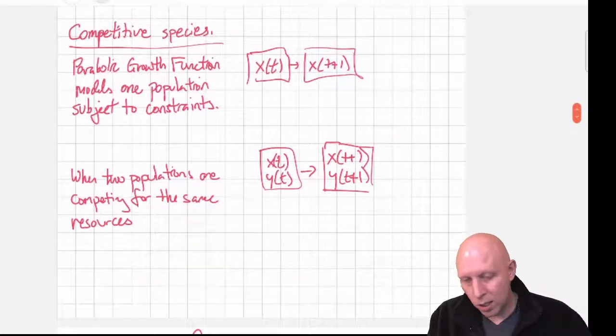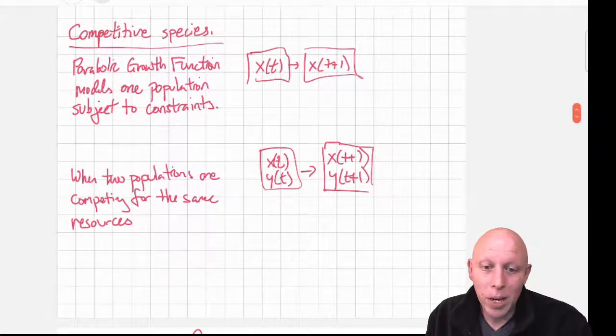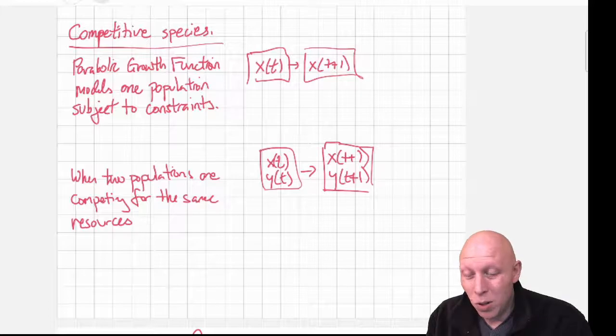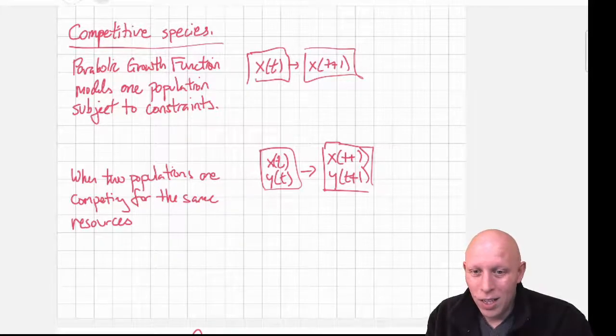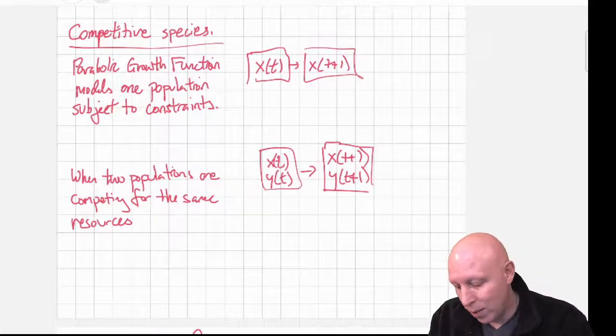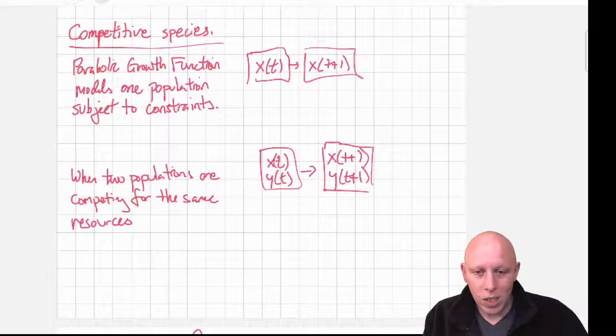Another aspect to this would be, let's say you had some competitive species. So let's say you've got these cute bunnies, but you also have those cute deer. And the deer and the bunnies both want to eat all the lettuce in your garden. Well, we've already seen before a parabolic growth function.